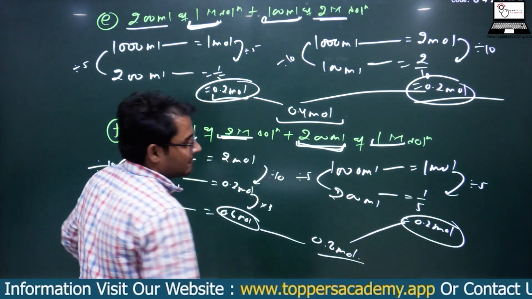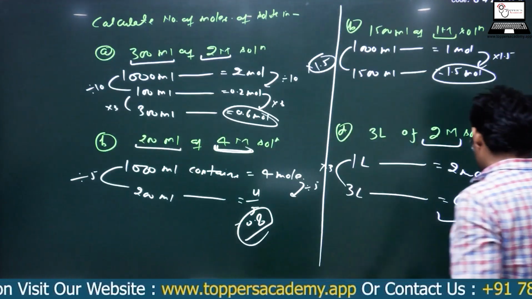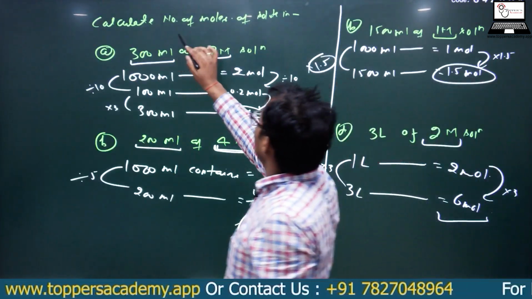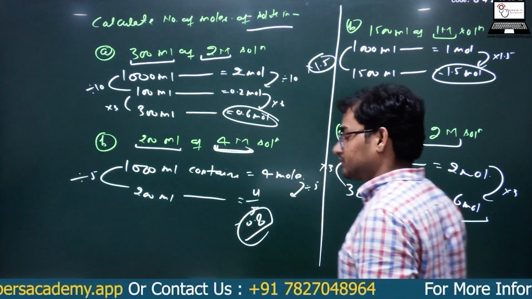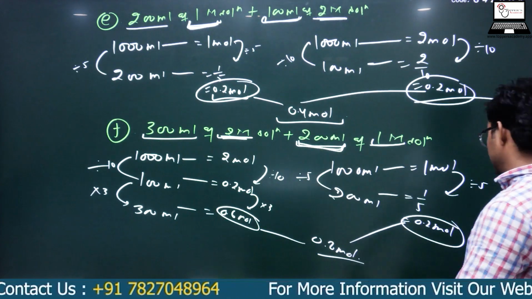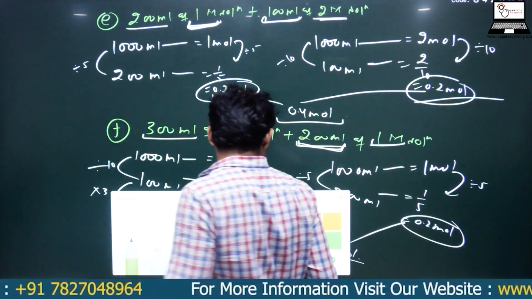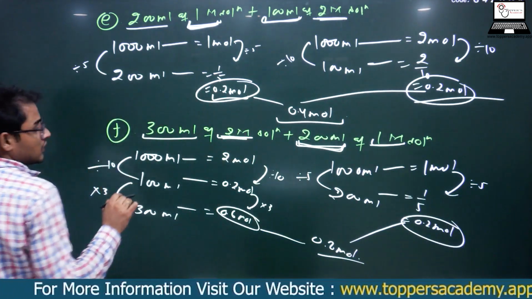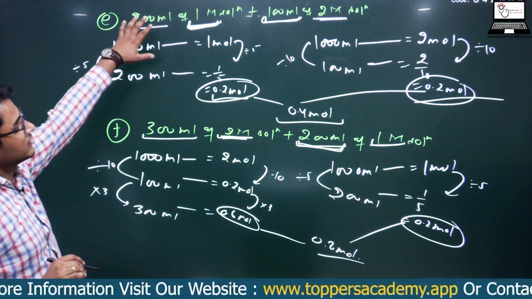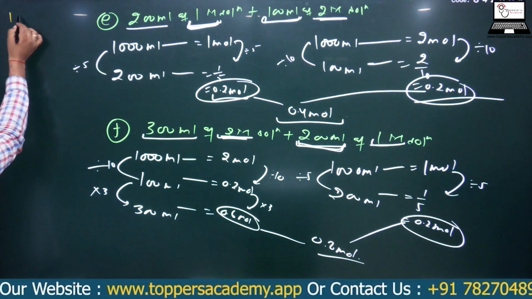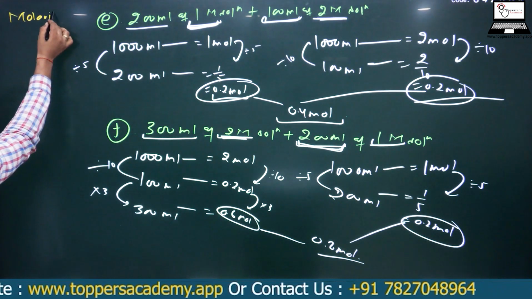Now listen, this was the question: calculate the number of moles of solute, right? Suppose the question is different, now we have solved all these things in this way, we can solve, right? Suppose, my dear friends, in the first case the question becomes, like that, calculate molarity also.